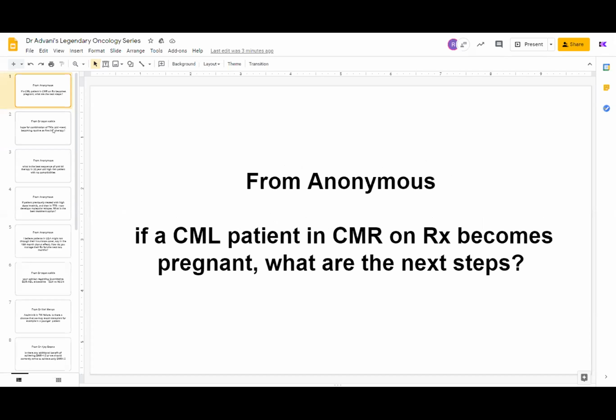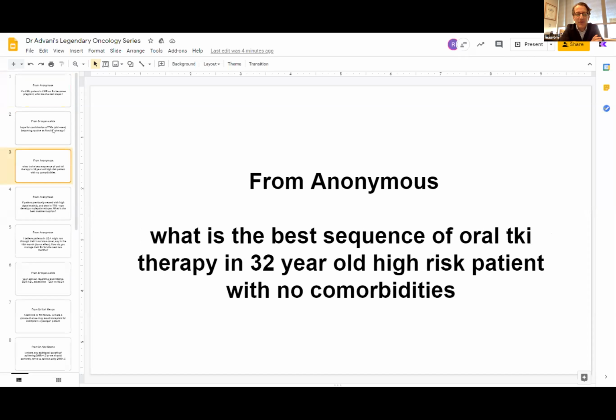Could I have the next question? Right. This is about pregnancy. One of my favorites. A patient with molecularly undetectable leukemia becomes pregnant. What do you do? I think pregnancy and CML are very common co-agendas for patients. I respect that, especially for our younger women, for whom family planning is very important.